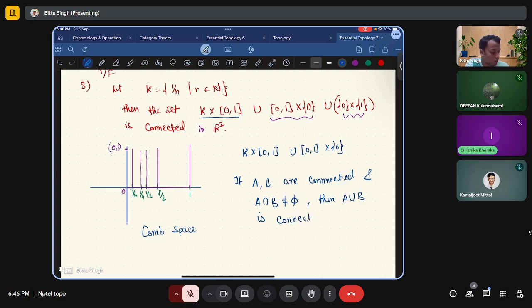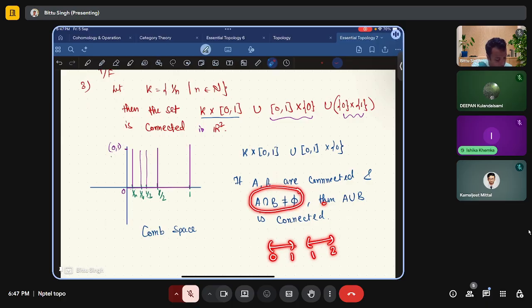Okay. So note that union of connected sets may not be connected. For example, take this open (0,1). This is a connected set in R2, and take (1,2). This is also connected, but their union is not connected. So the condition is this: if their intersection is non-empty, then this becomes a connected set.